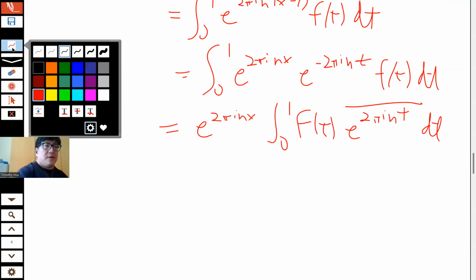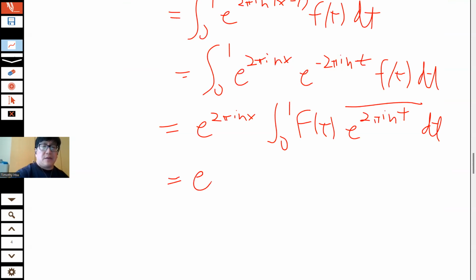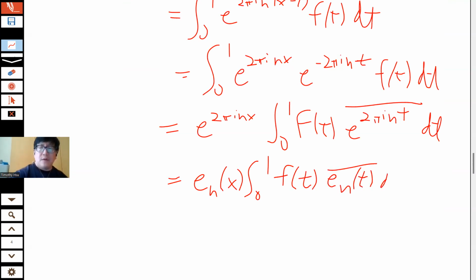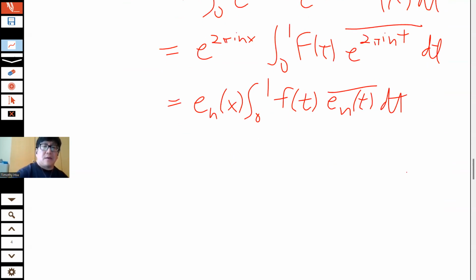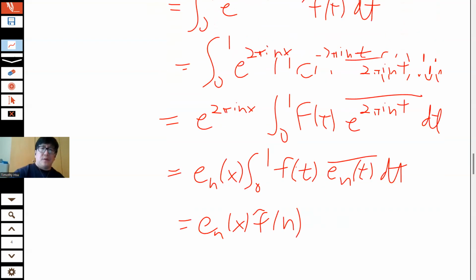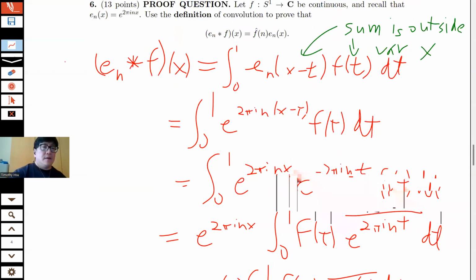In other words, this is e sub n of x times the integral from 0 to 1 of f of t times e sub n of t bar dt, which, remember, by definition is f hat of n. That one wasn't so bad.